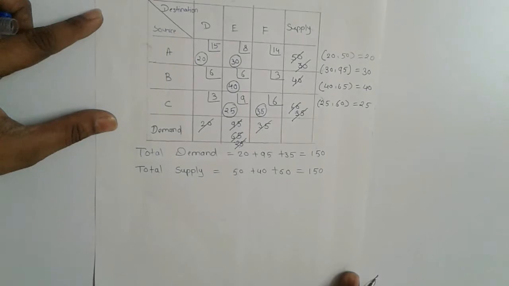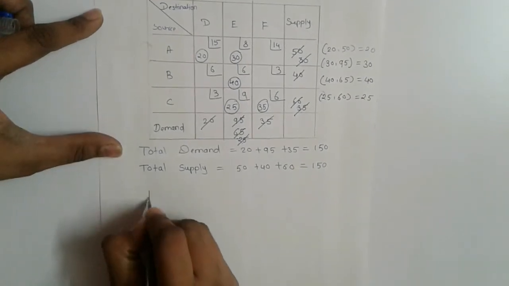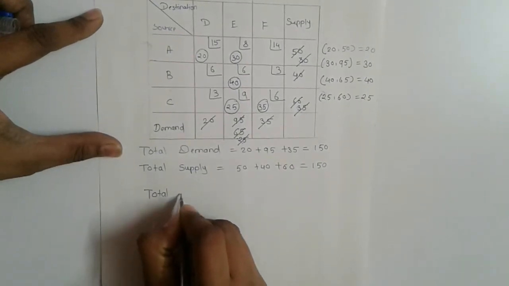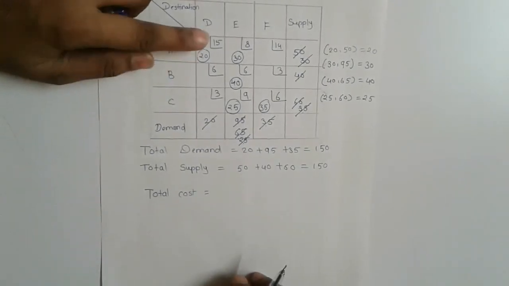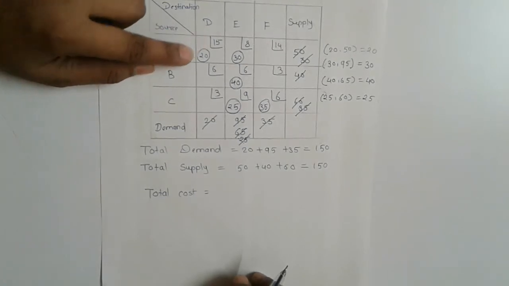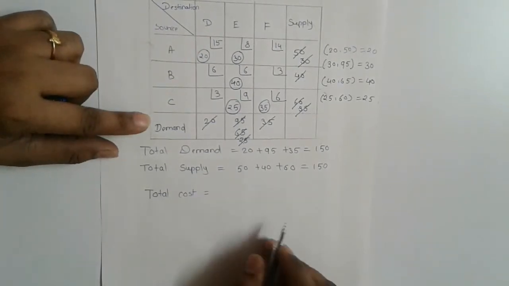Now calculate the total transportation cost by multiplying the allocated units to the cost in the corresponding cell and then adding all the sums.